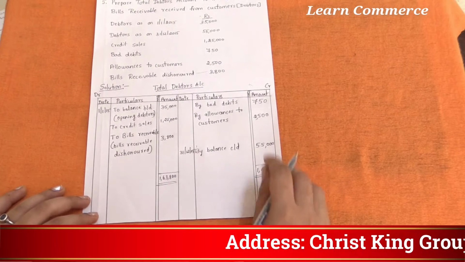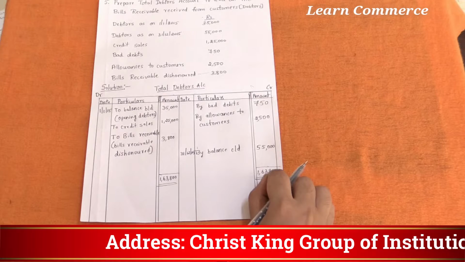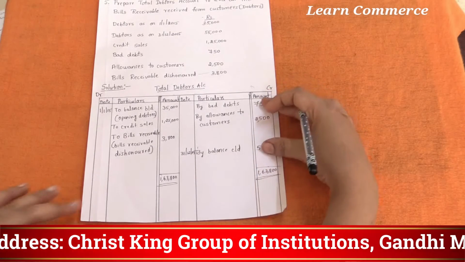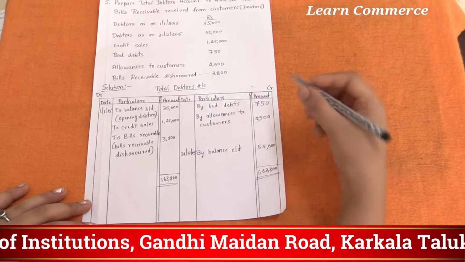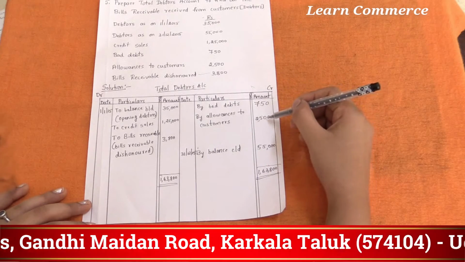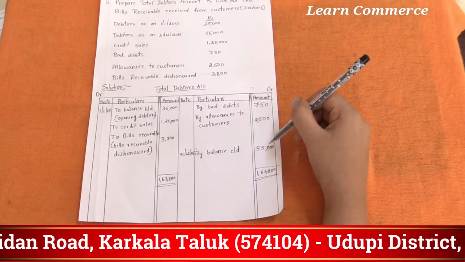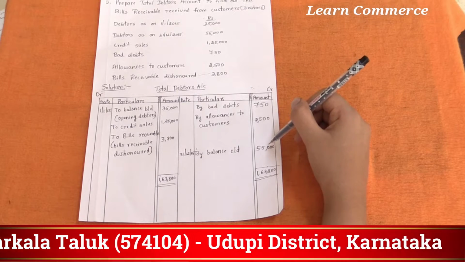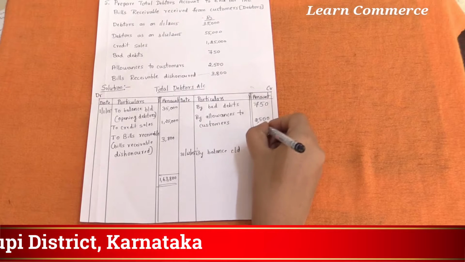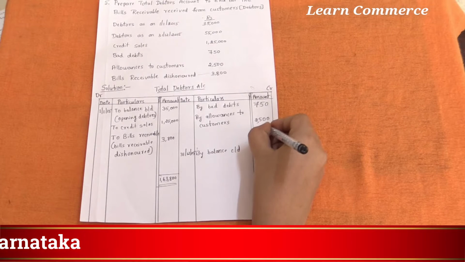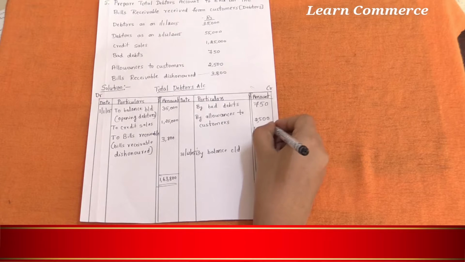Yes. From this 1,63,800 deduct these amounts: 1,63,800 minus 750 minus 2,500 minus 55,000. You can get the balance amount, 1,05,550.